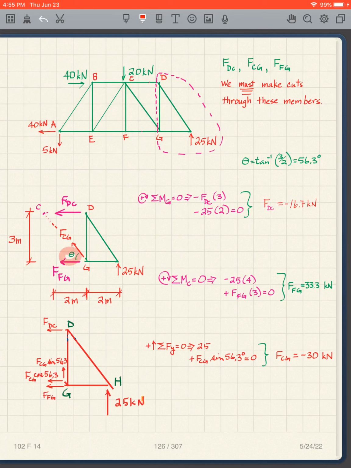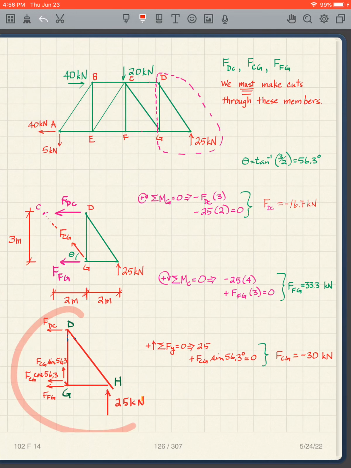I need this angle theta, and that angle theta is the arctangent of 3/2, which is 56.3. It goes upward to the left, so in my free body diagram, I have an upward and a to the left component: the upward is FCG sine 56.3, to the left is FCG cosine 56.3.